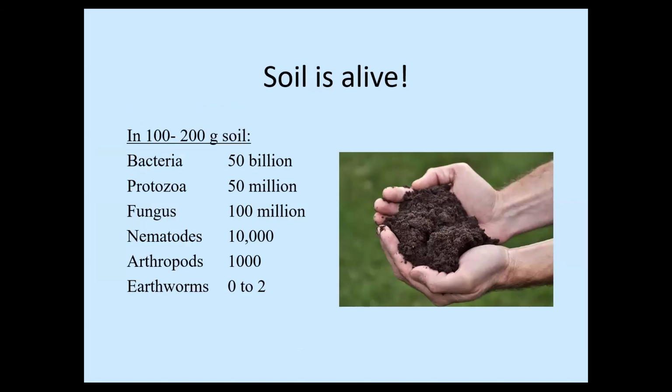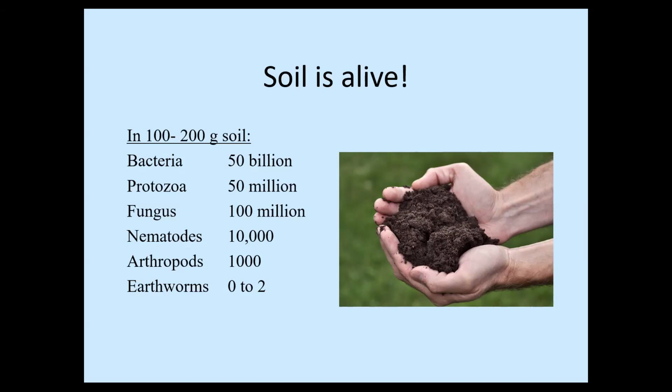In just a handful of soil, there might be 50 billion bacteria, 50 million protozoa, which are single-celled animals, 100 million fungi, and 10,000 nematodes, which are tiny microscopic worms that are one of my specialties and very dear to my heart.